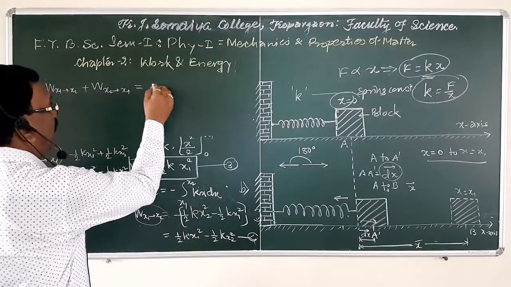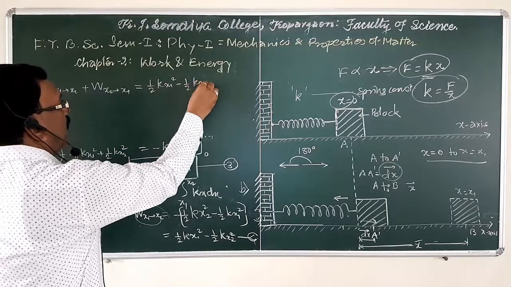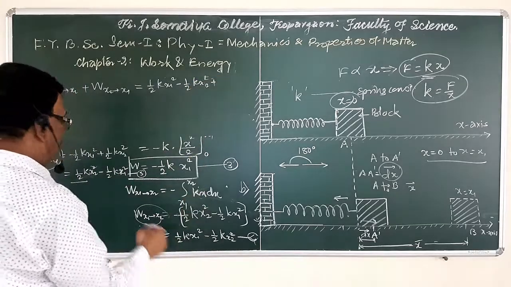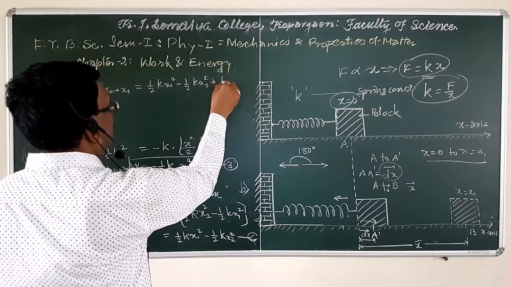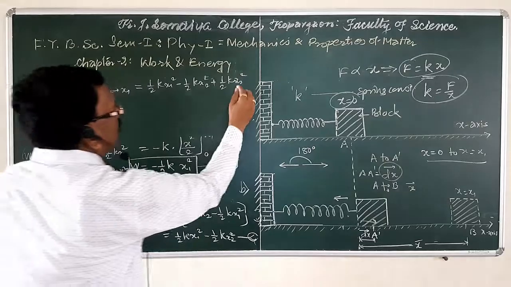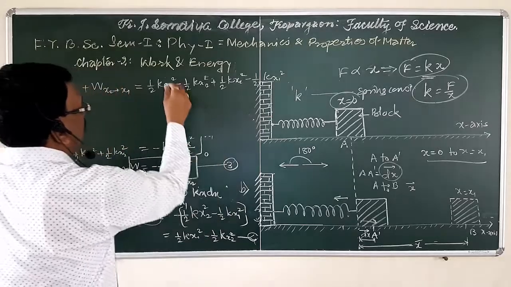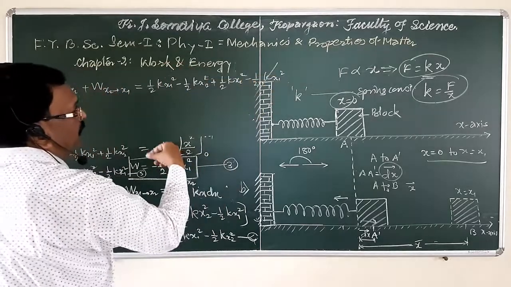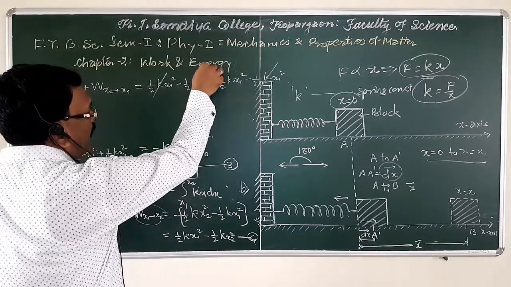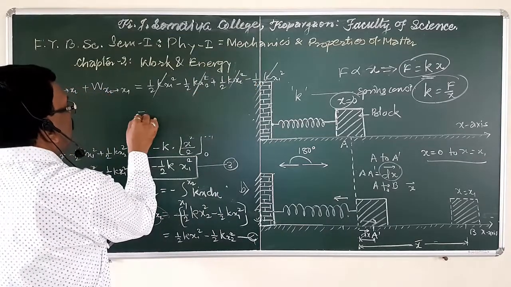Then this equation will be 1/2 k x1 square minus 1/2 k x2 square, minus, now plus, then here comes 1/2 k x2 square, this term, minus 1/2 k x1 square. Look, minus 1/2 k x1 square and plus 1/2 k x1 square get cancelled with each other, and 1/2 k x2 square minus and plus 1/2 k x2 square get cancelled with each other, and we get 0.